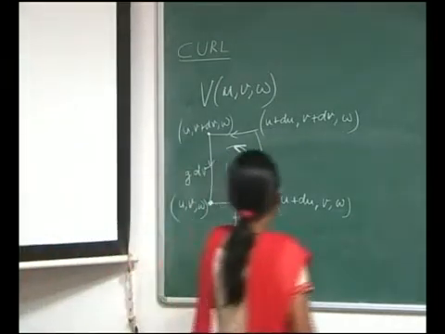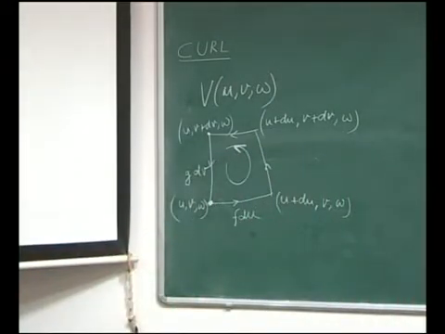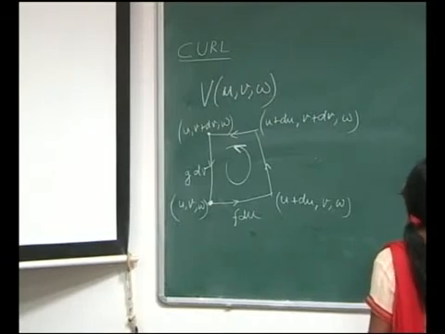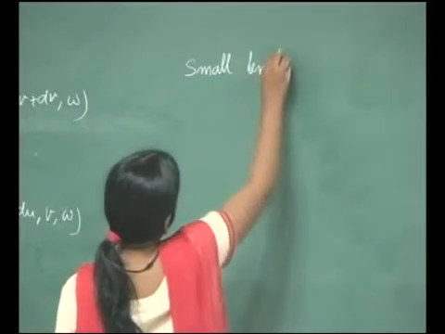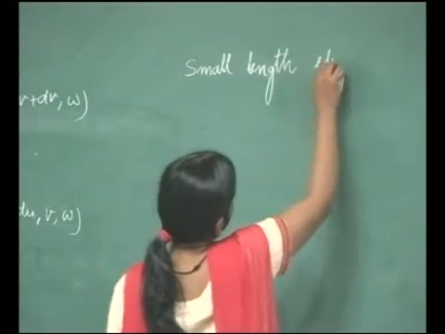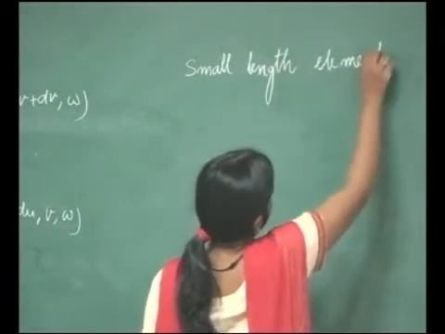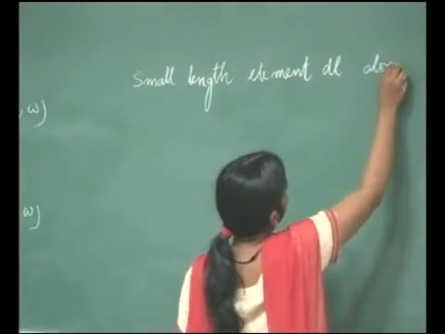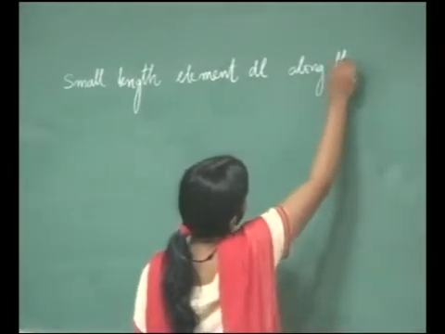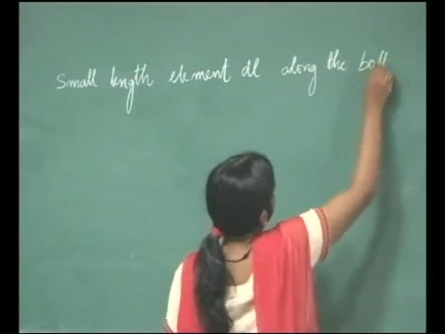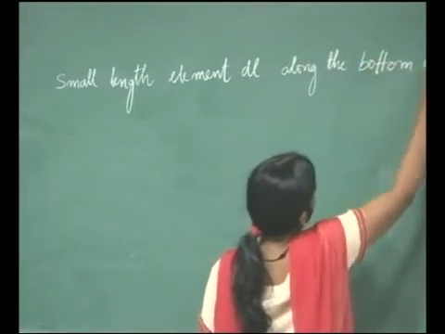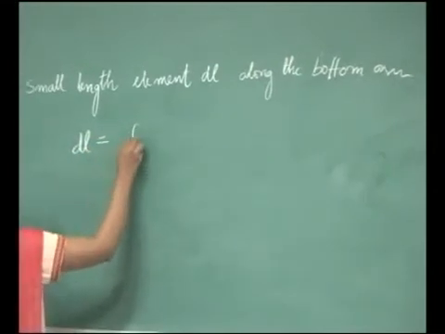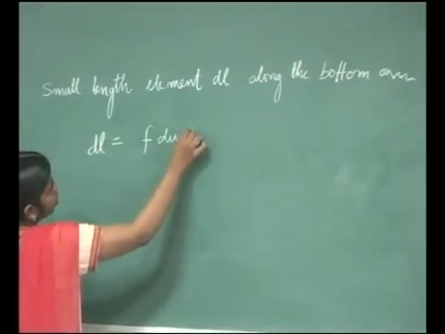So, now I can write that dl, the small length element along the bottom arm, is equal to f du u cap.